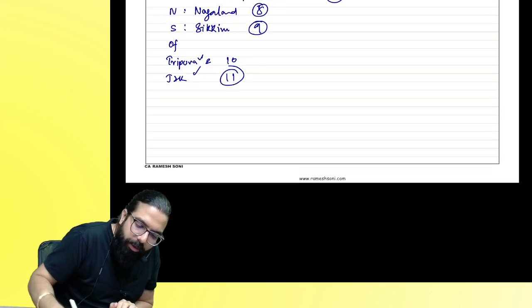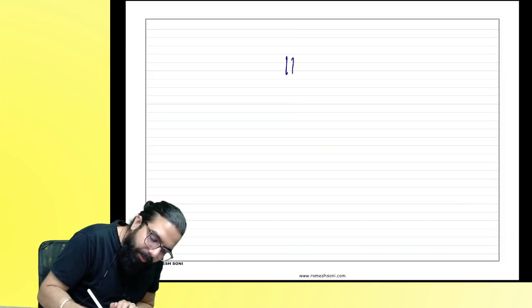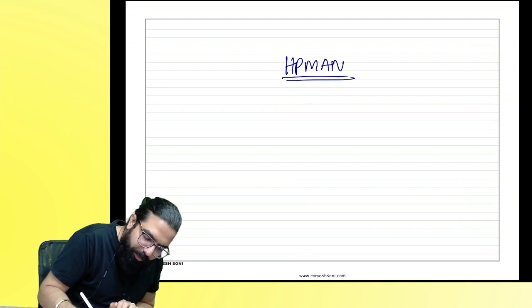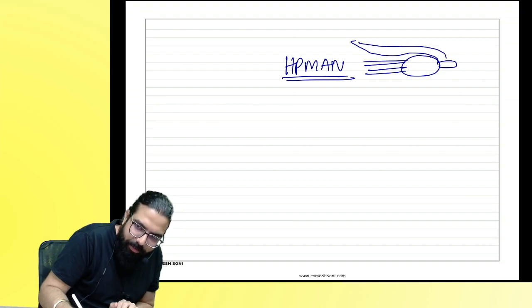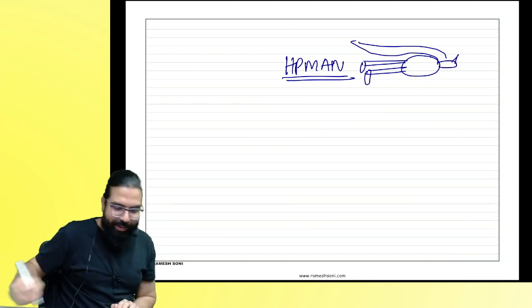Next, everyone over here now. You know HP man, everyone? HP man. We should make one HP man. Let's draw. Sir, what is this? This is HP man flying. You understood, no? Like Shaktiman, HP man is flying.